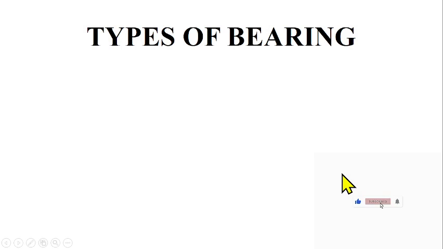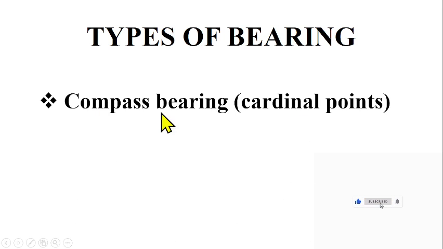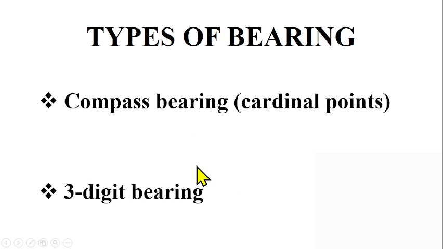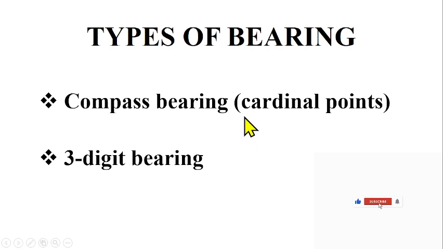Having understood what bearing is all about, and that we use cardinal points to represent the position of an object in bearing, we have types of bearing that we need to know as well. We have two types of bearing that we must understand. The first one is compass bearing, which is also called cardinal bearing, and the second is three-digit bearing.